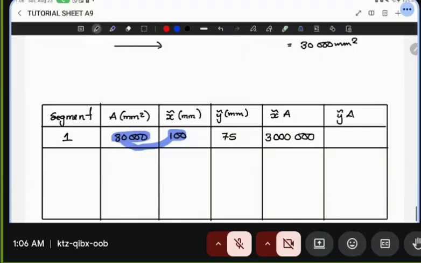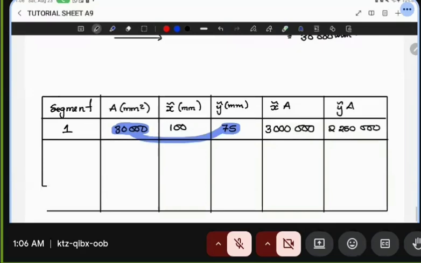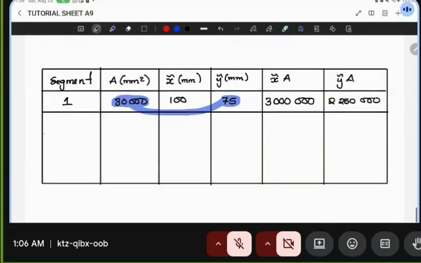In the same way, we now multiply 30,000 by 75. What are we getting? 2 million, 250,000, like this? Yes. Okay. So that completes segment 1.